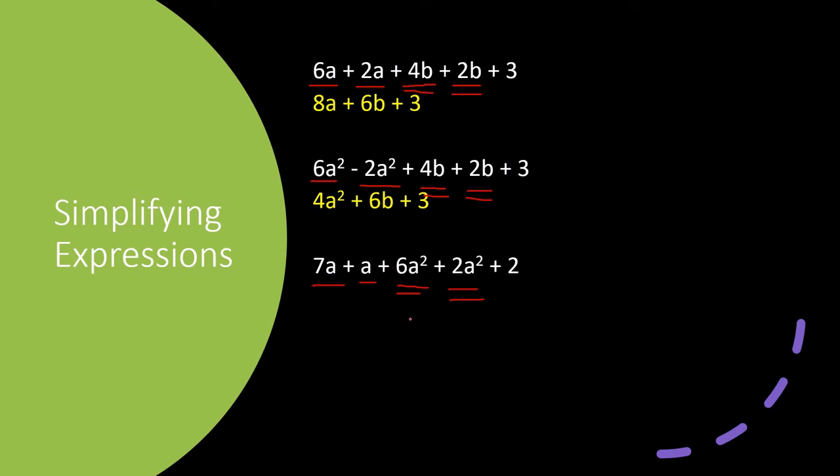However, when I write my answer, it is recommended that first I combine and write the terms that have exponents, and then the terms that only have variables with an invisible exponent or no exponent. And then at the end, all the coefficients or the constants by themselves, in other words.